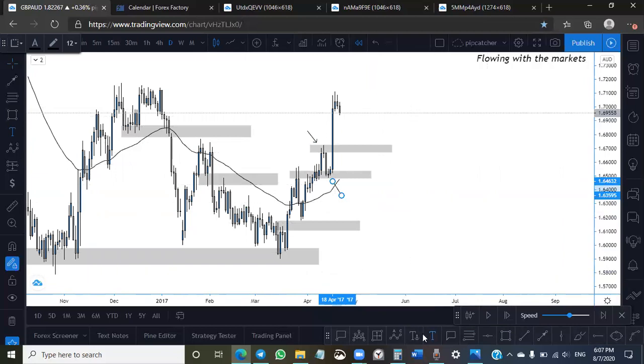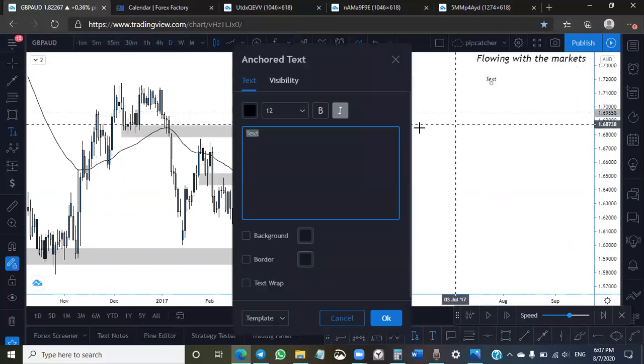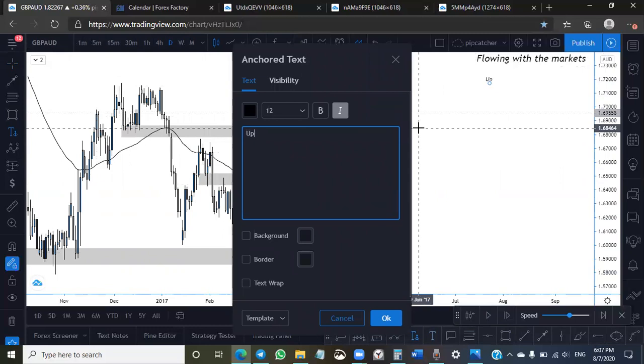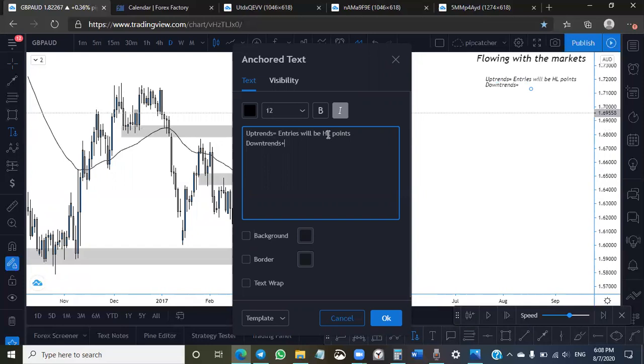Another thing to take into consideration is for uptrends, entries will be your higher low points, and for downtrends, entries will be your lower high points.